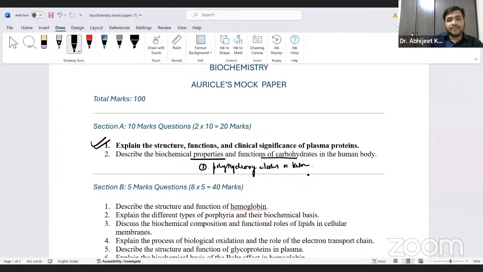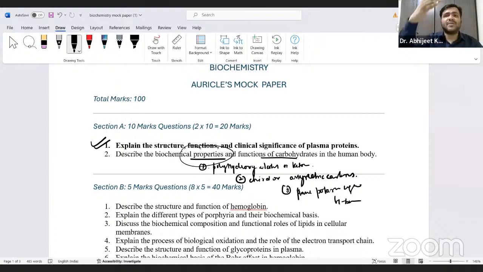Apart from that, they have chiral or asymmetric carbons, which are generally manifested by the rotation of plane polarized light. They also have the ability to form multiple hydrogen bonds. These are the basic properties that we have discussed in detail, so you have to mention all the properties here.